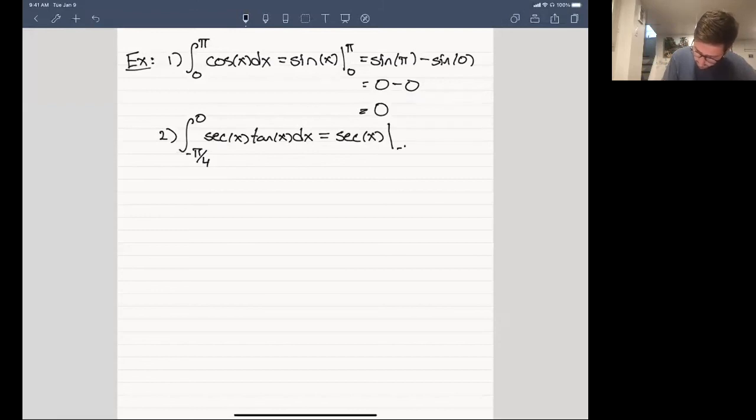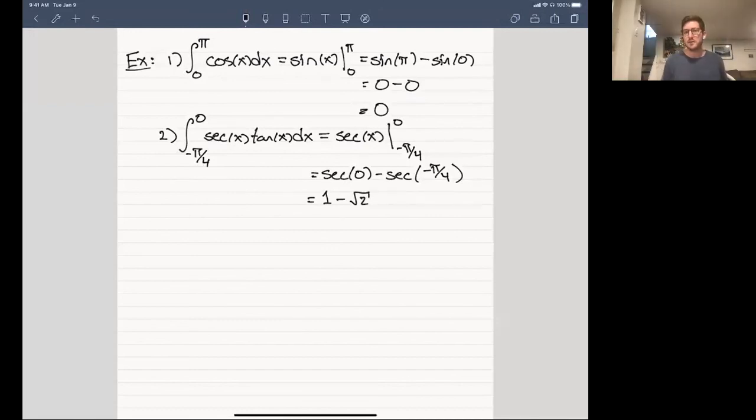And in here, we're running from minus pi over 4 to 0, so that essentially we get secant of 0 minus secant of minus pi over 4. So we might have to look up some trigonometric identities here. But in this case, the first term is equal to 1. The second term is equal to the square root of 2. And that's not going to get any nicer looking, right? So I'm going to leave it just like that.